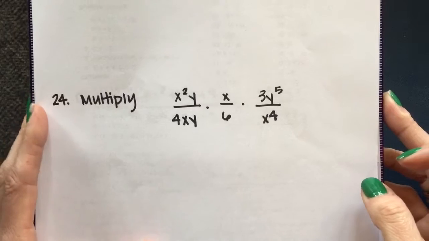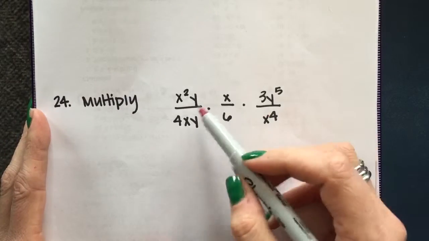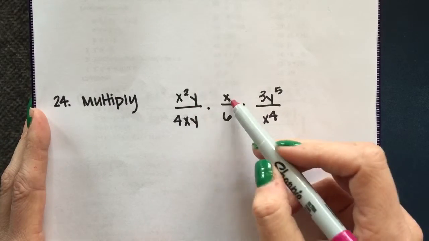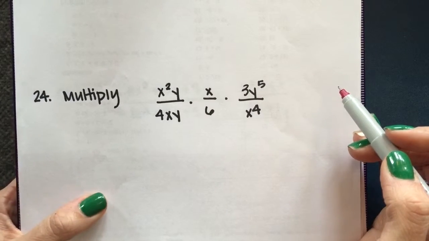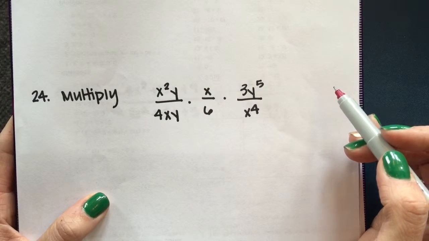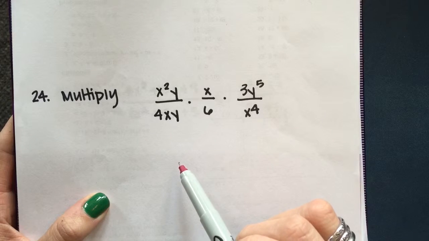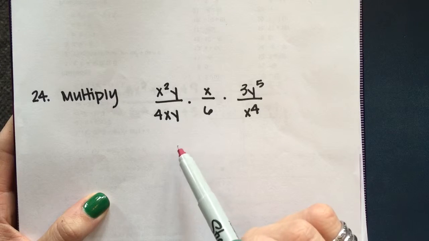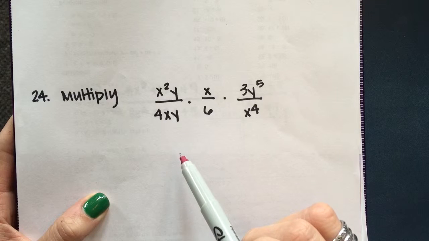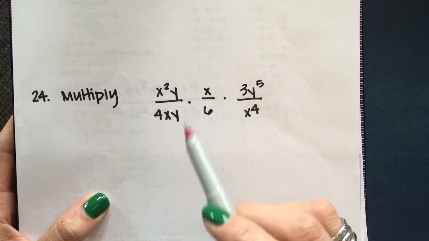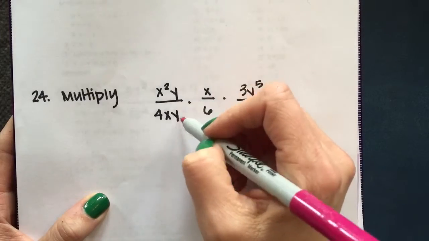Number 24 is multiplying. There's nothing that you can factor in these. These are all just monomials, one term each. So I can't factor anything. You can simplify or cancel anything if there's one on the top and one on the bottom. So for example, I can cancel out the y and the y.